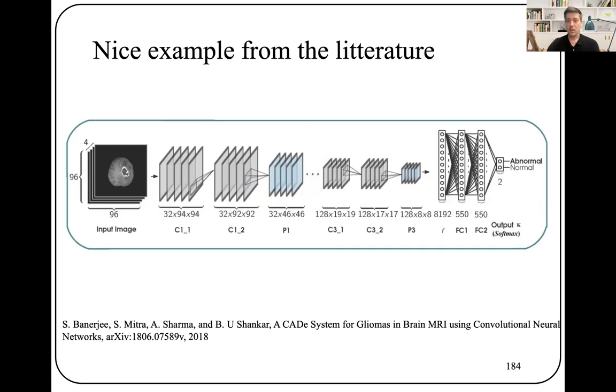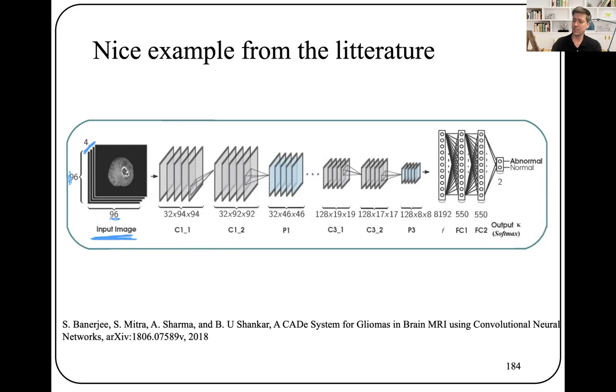Okay, so I'm almost at the end of the talk. I'm just going to give you some examples, very quickly. This is an example from the literature where we want to have an input MR image, which is actually a single image of size 96 by 96, but it has 4 channels. The 4 channels correspond to 4 MRI sequences.